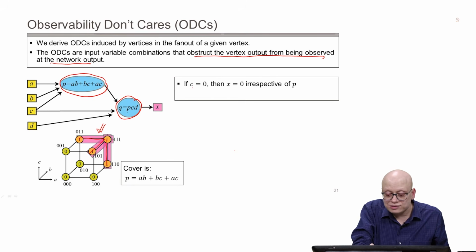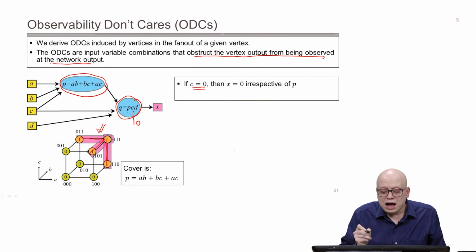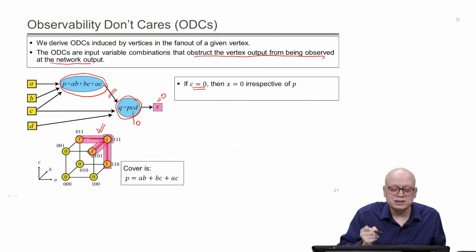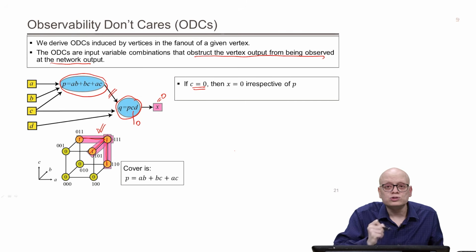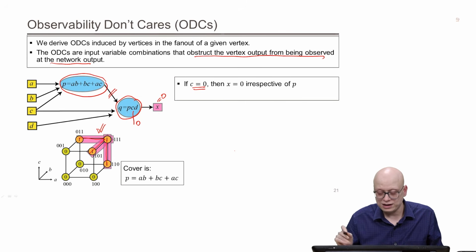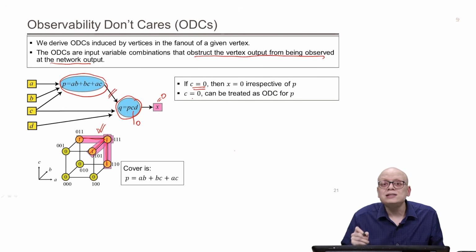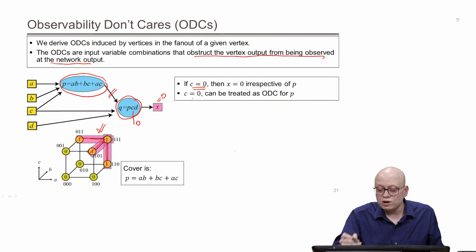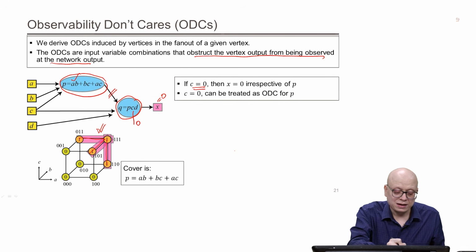For example, if C takes a value 0, then the output becomes 0 irrespective of what P produces. P produces 1 or 0, it does not matter. If C is equal to 0, the output will always be 0, and therefore, we can treat C is equal to 0 as an observability don't care for the vertex P.